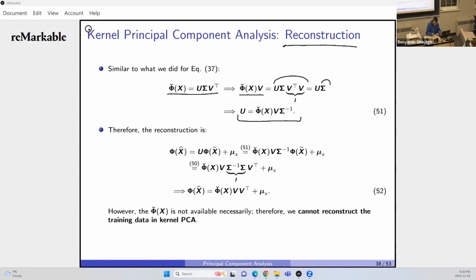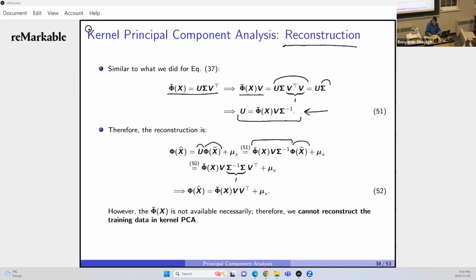We know that reconstruction is U times phi X tilde, which is the projected data, plus mu X, add back the mean. U according to equation 51 is this. This is phi X tilde as before, plus mu X as before.